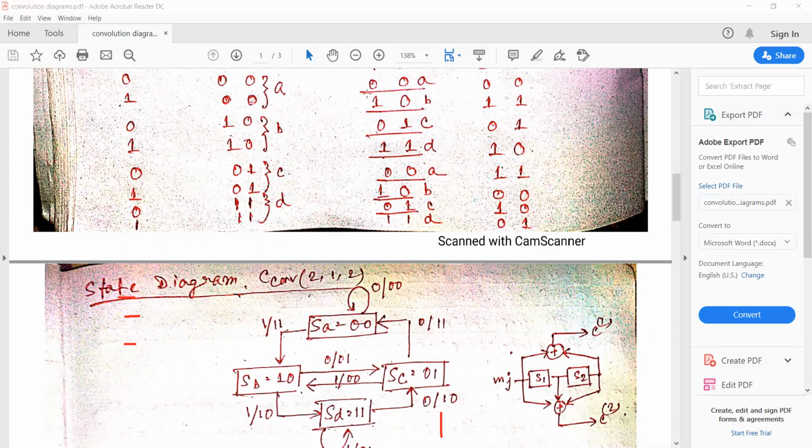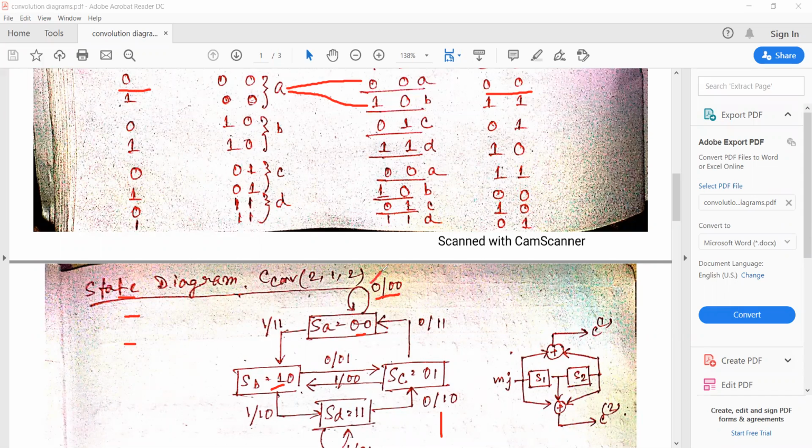So for the first row, you can see that A will be converted to A, and A will be converted to B, like 1, 0. So this is 1, 0, and this is 0, 0. That means we are using a self loop. What is the condition? The input will be 0 and output will be 0, 0. And you have to write this condition above this arrow always.